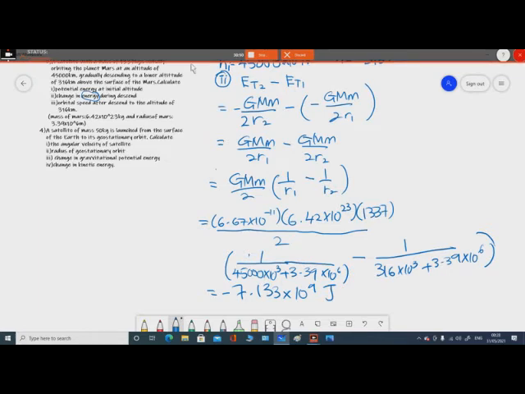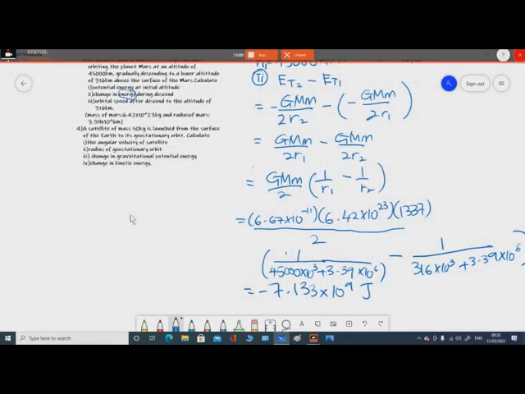So the change in energy during descent is equal to negative 3.133 times 10 to the power of 9 joules. So this is the second part. So let's move to the third part. So this is question 3. Calculate the orbital speed after descent to the altitude of 316 kilometers.